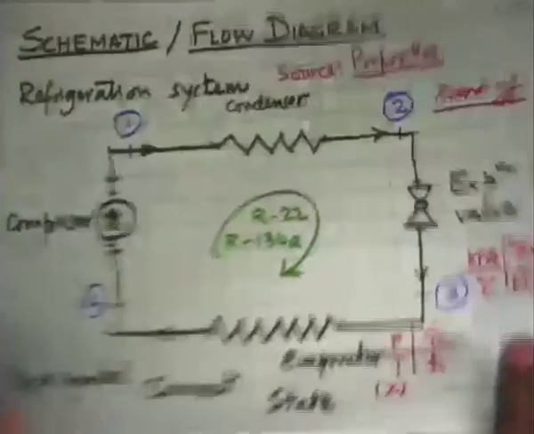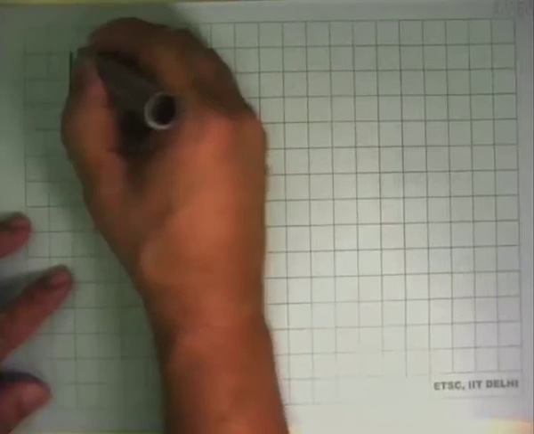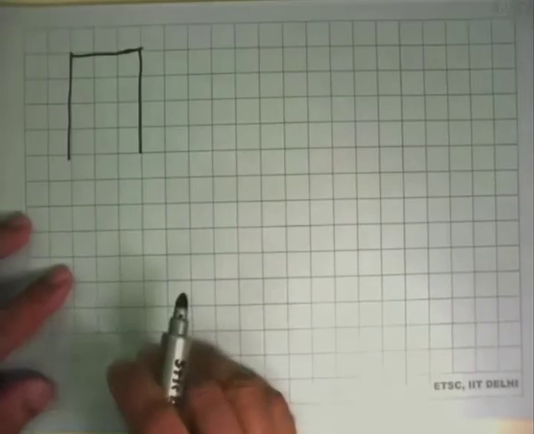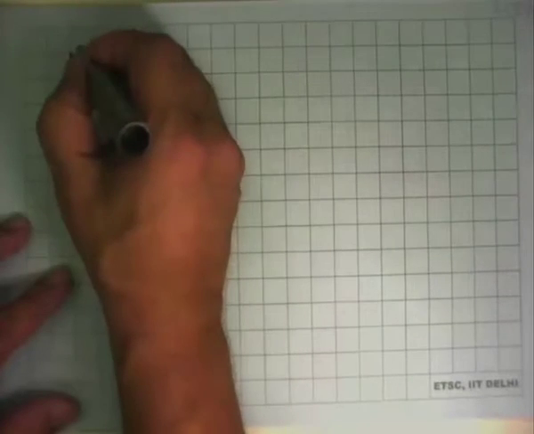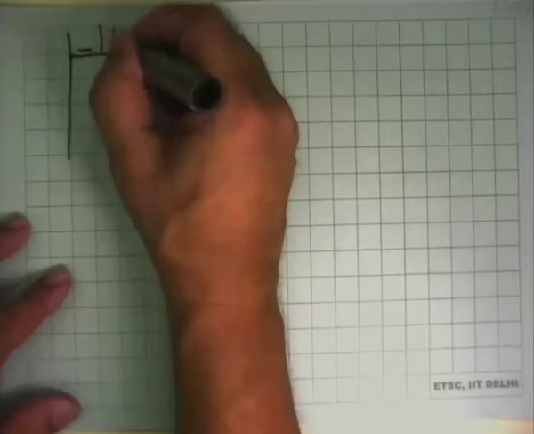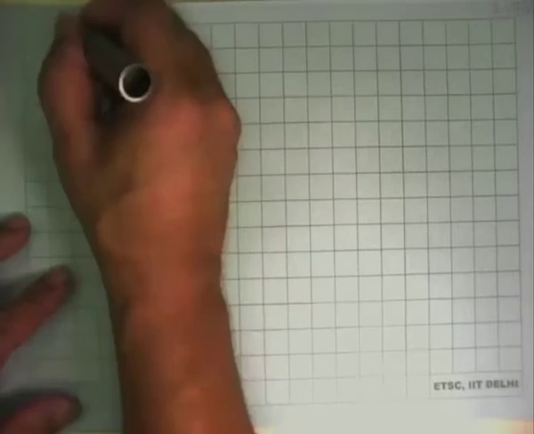So let me just explain how these reciprocating compressors work. Here's a device, and it has got two valves. One is connected to the inlet, and this is connected to the outlet.